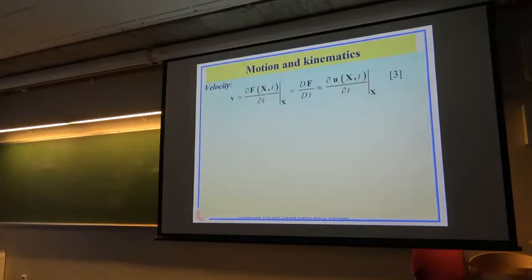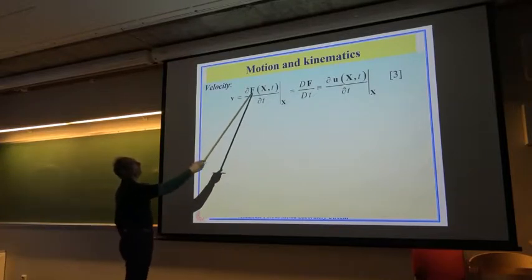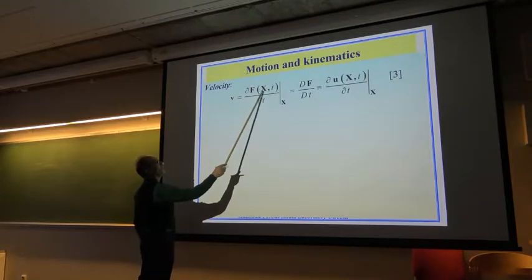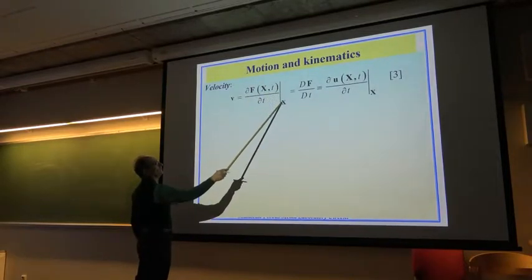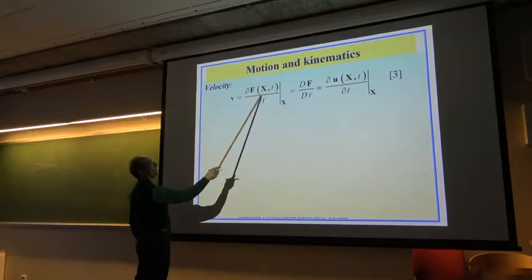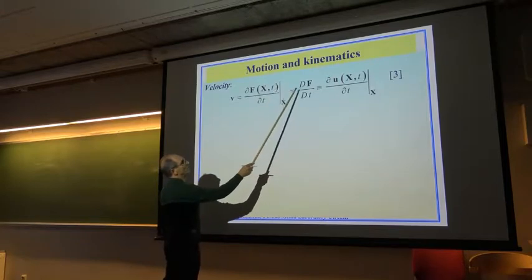This is the macro scale velocity, which is the time derivative of the motion, which is saying that you follow a material point and then change of position with time is the velocity. And you can also write it in this fashion.